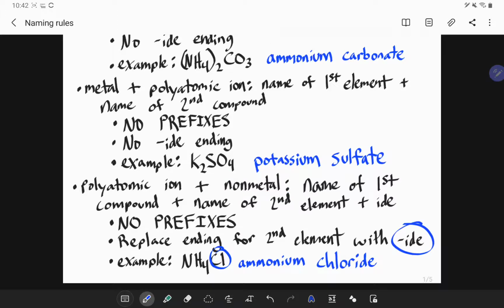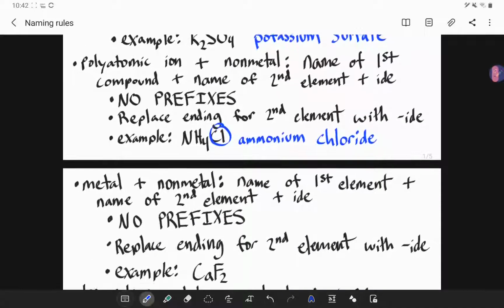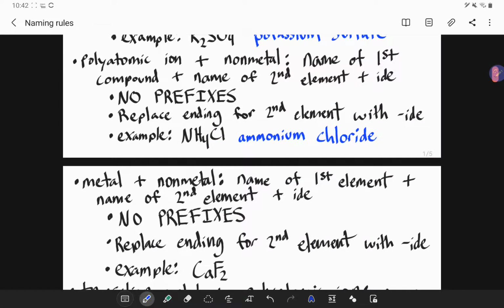So keep that in mind going forward, and that is for ionic and covalent bonds. All right, so ammonium chloride was our answer to that one.